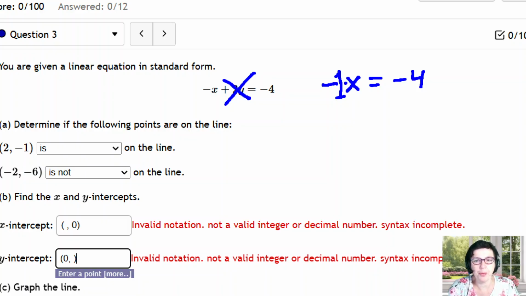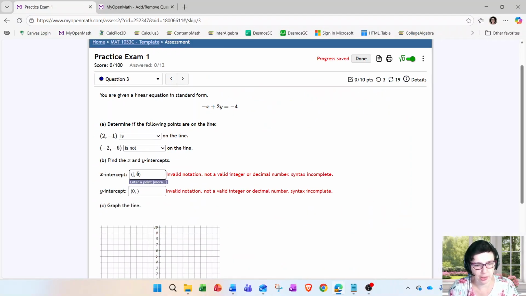And so what operation is opposite of multiplication? Well, that would be division. So people make mistakes and they think we can add 1. No, we don't. We divide. We need to do an operation that's opposite to cancel the -1. So here it's going to cancel, and then -4 divided by -1 is going to be +4. So that means your x is equal to 4.